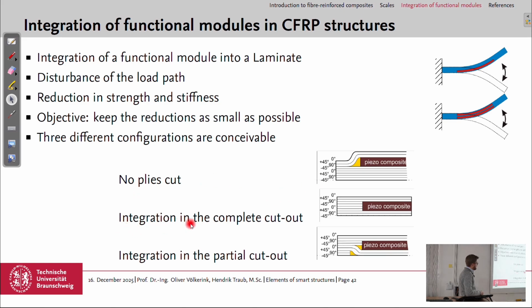The second possibility is the integration with a complete cutout. So you cut all fibers in the thickness necessary to integrate the functional module. So the overall thickness of the laminate will not change.